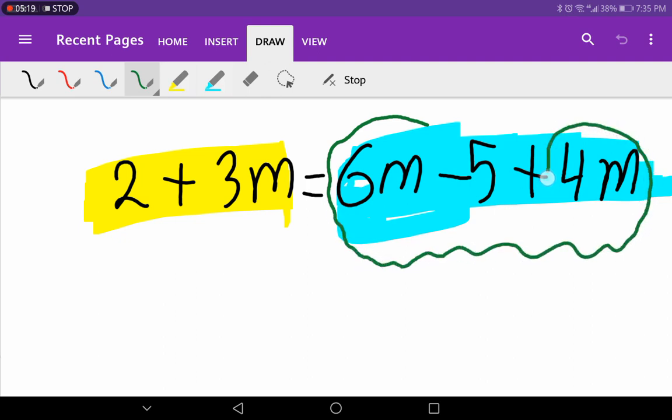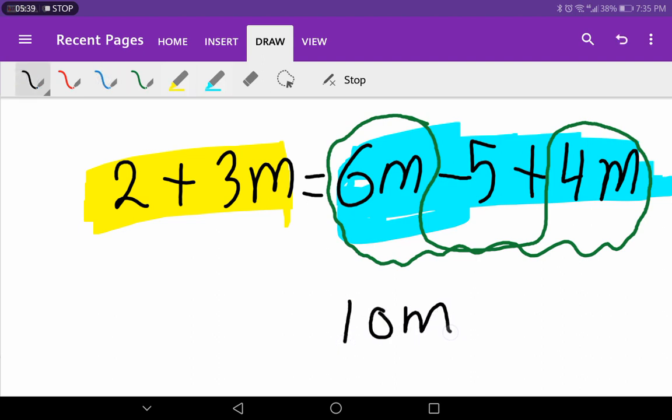Actually, this and this are like terms on the same side, so we have to combine them before we move them. Okay, let's go. 6m and 4m is 10m. So here I have 10m negative 5 equals 2 plus 3m.